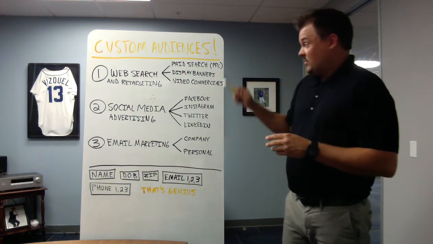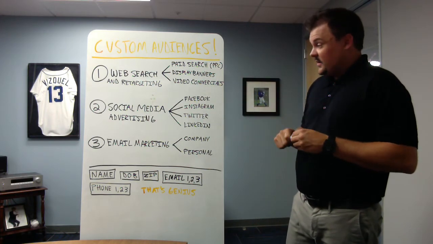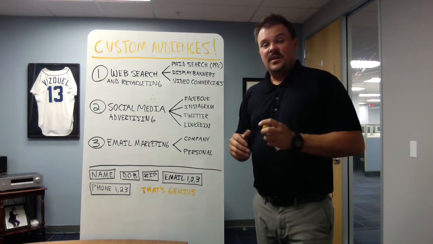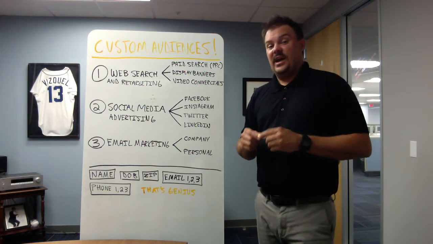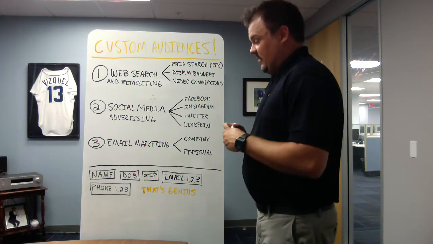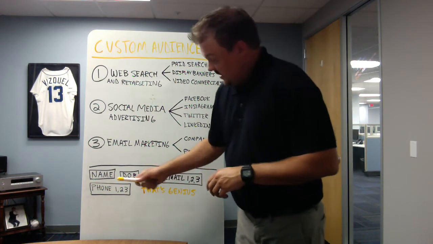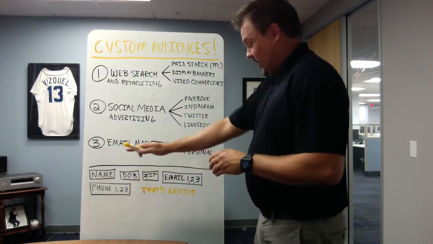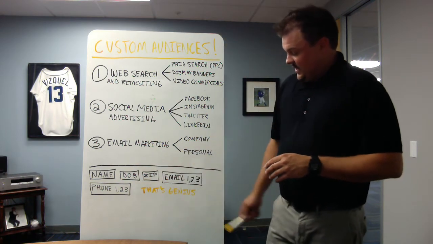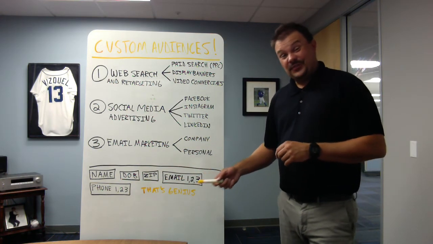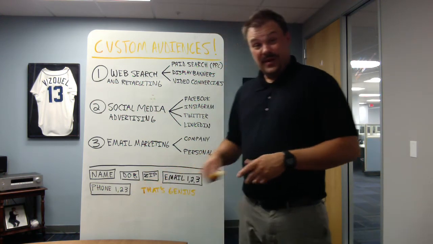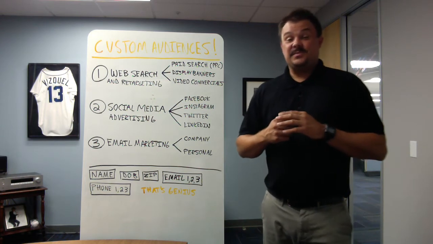And all Google, Bing, Facebook, Twitter, LinkedIn, all they're doing is trying to match 2 or 3 fields based on their own algorithms. So what we recommend and what we've actually figured out is that if you can upload a file on one row that has a name, a date of birth, a zip, email 1, email 2, email 3, a phone 1, phone 2, and phone 3, you actually have the best possible chance to get a match.